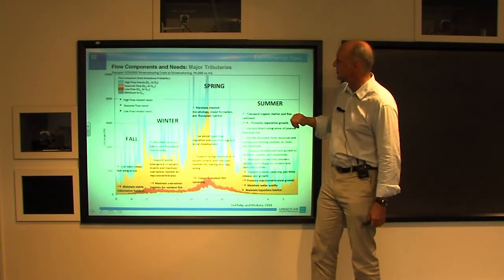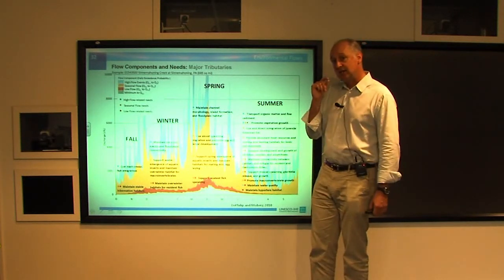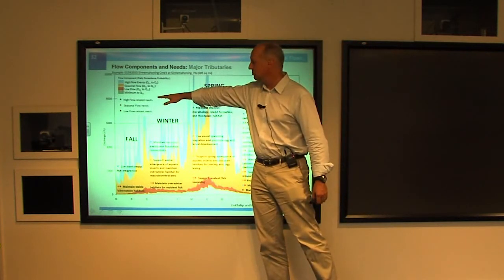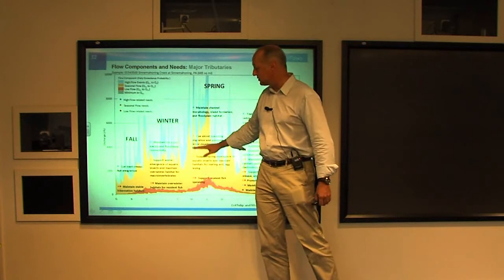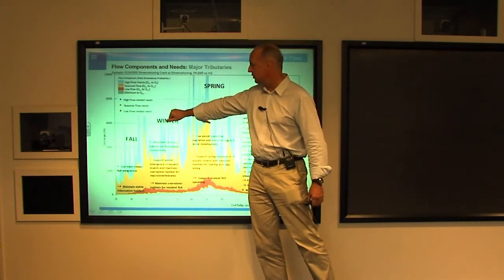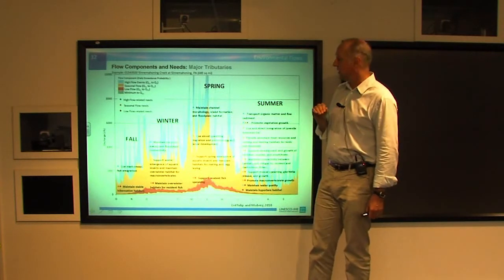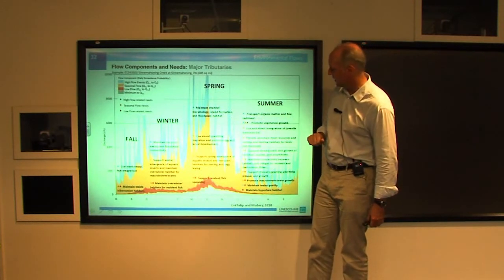So we can see a distinction between ecologically significant aspects of the high flow regime in blue, the seasonal flows, these are the high water periods, are shown in orange, and also the ecological importance of the low flows, which are shown in red.